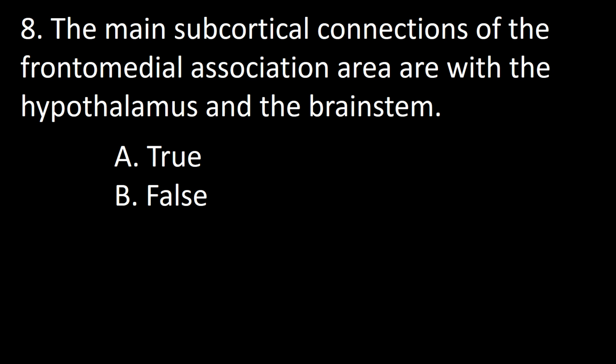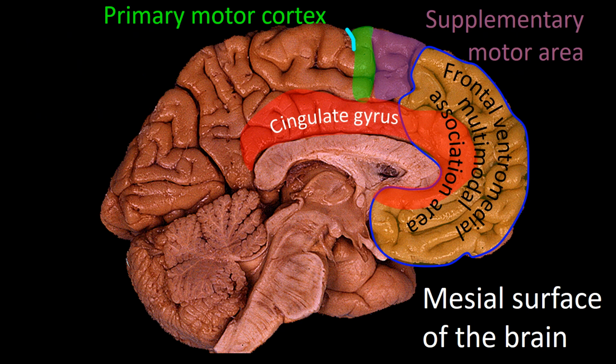The main subcortical connections of the frontomedial association area are with the hypothalamus and the brainstem. A true, B false. In this frame, you can see the frontomesial multimodal association area. It is interconnected with the other two ipsilateral frontal multimodal association cortices, and it's also connected with the homologous contralateral region.